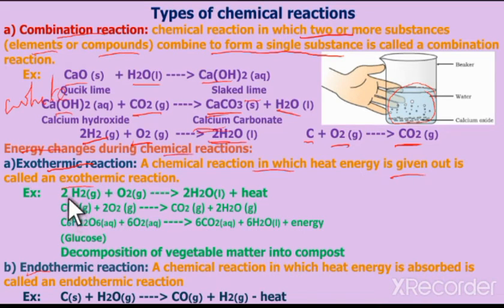For example, when H2 gas reacts with oxygen gas, it produces the water molecule and also releases heat energy. Similarly, when methane CH4 is treated with oxygen gas, it forms carbon dioxide gas plus water. This is also an exothermic reaction, and heat energy is released.